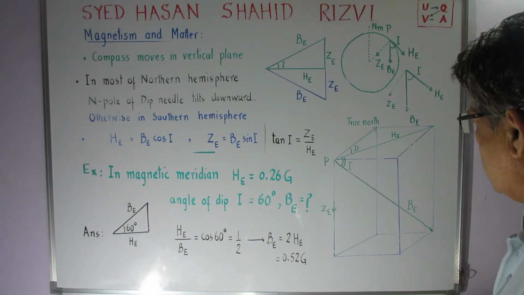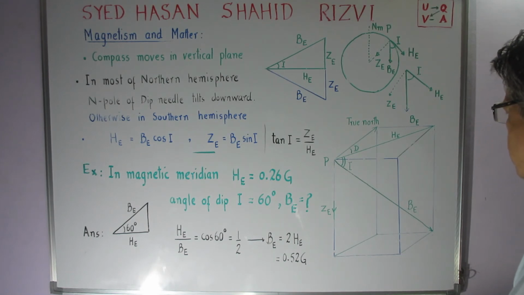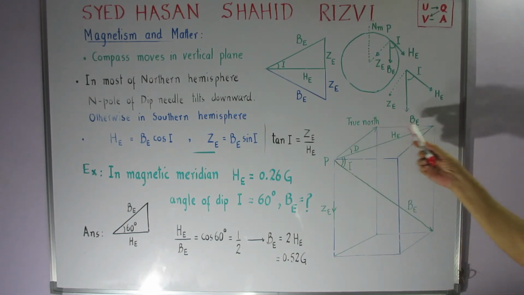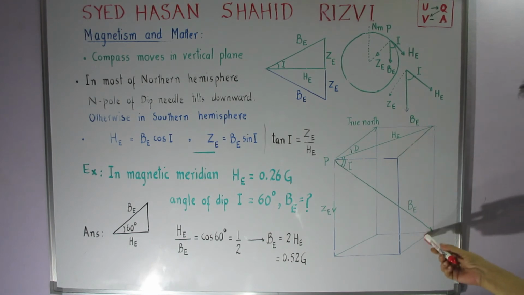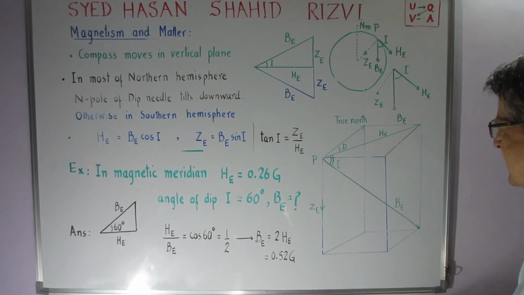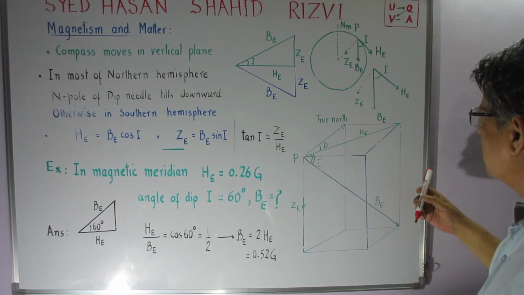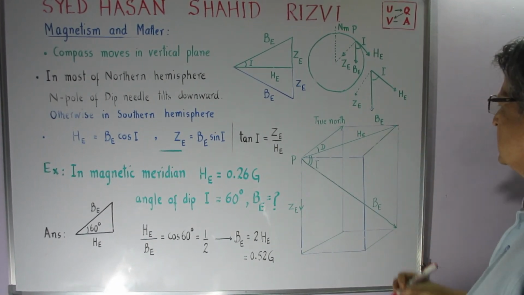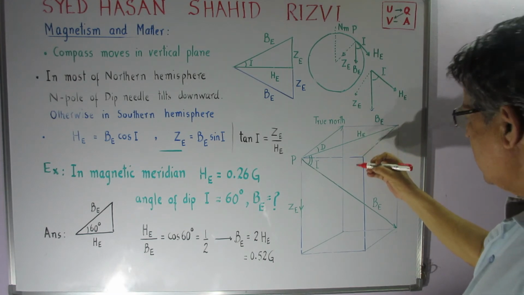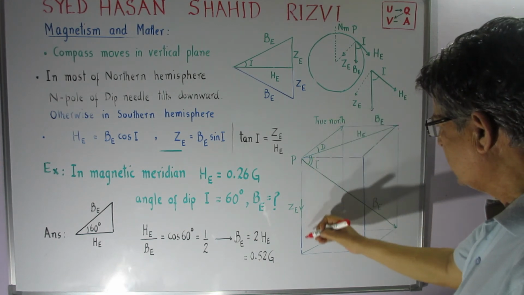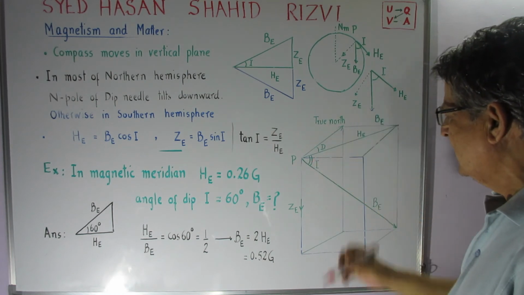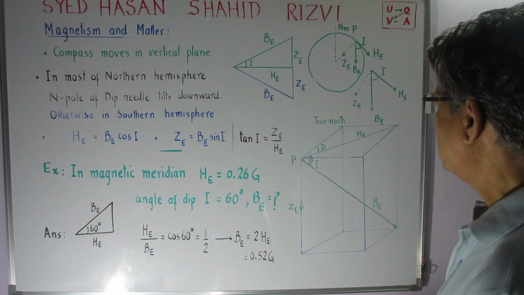Just to give you a glimpse of what is happening, we take the magnetic field which is like this. This is HE, and this is BE, and this one is ZE. This angle is the angle of declination, and this angle is the angle of inclination, okay.